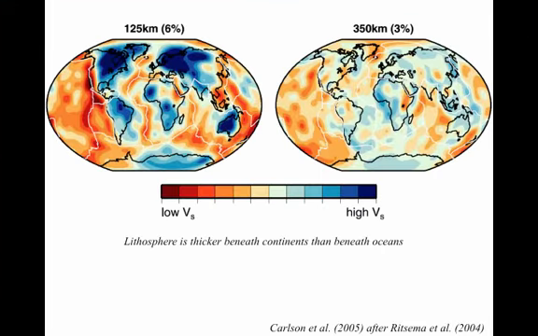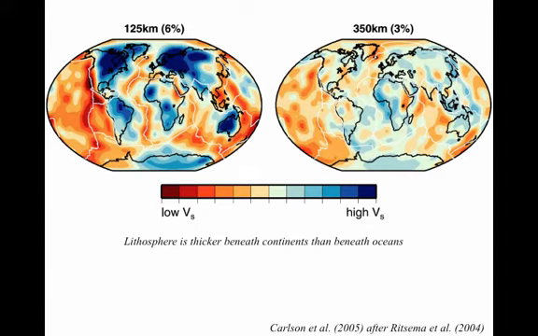If we look at S-wave velocities, we see that at 125 kilometers, the continents are well defined by high S-wave velocities, suggesting that the lithosphere is thicker beneath the continents than it is beneath the oceans, where the S-wave velocities are low.